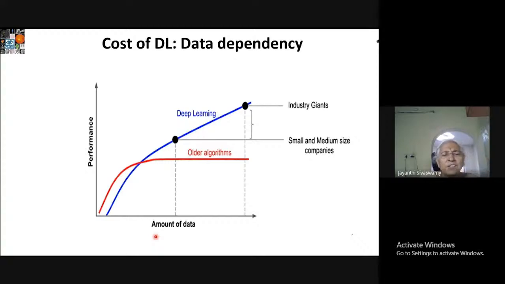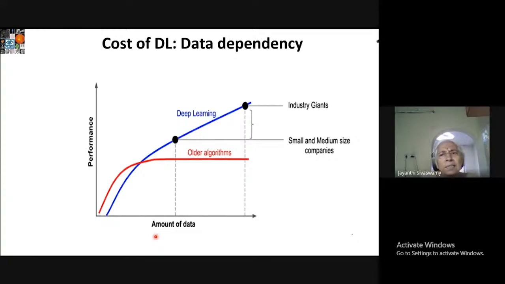It is a saturation. Whereas in deep learning, which is the blue graph, the more data you use to train the system, the performance keeps increasing. And that is the cost you pay for deep learning: performance is linked to the size of the data with which you train.